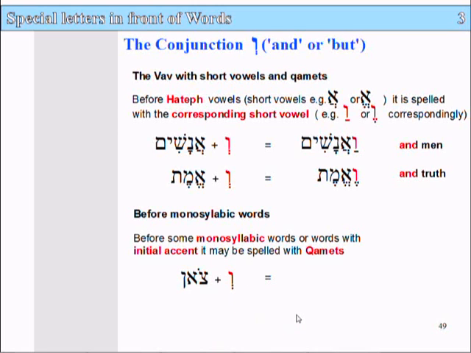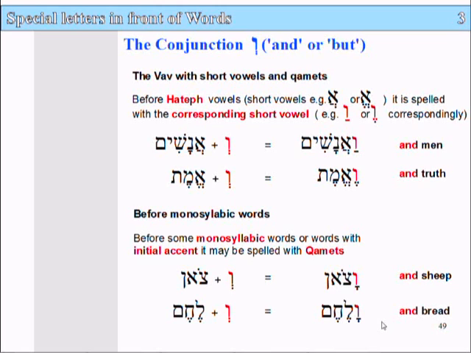It becomes vatzon. Tzon means sheep, and vatzon means and sheep. Also the word lechem, which means bread, we add the vav to it, and we get va-lechem, and bread.